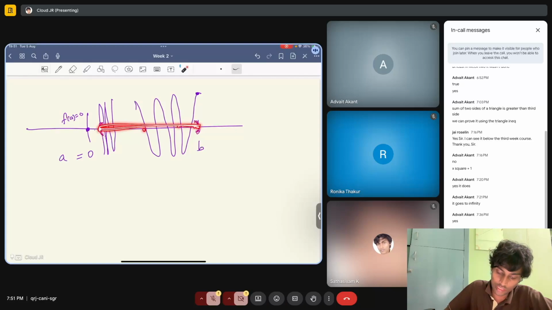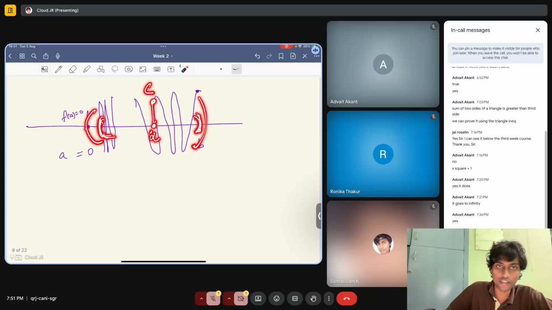So whatever the f of c may be, let's say you call it c, then I can always get alpha in this range such that f of alpha is this c. Okay. So if I get alpha inside this range, that means I'm getting alpha in the bigger range, right?